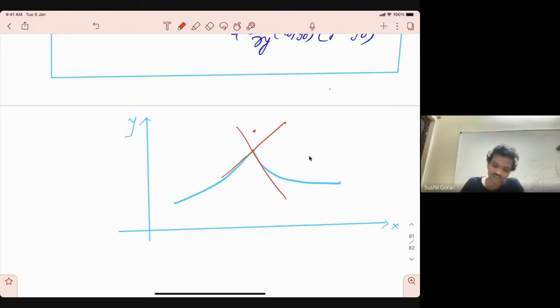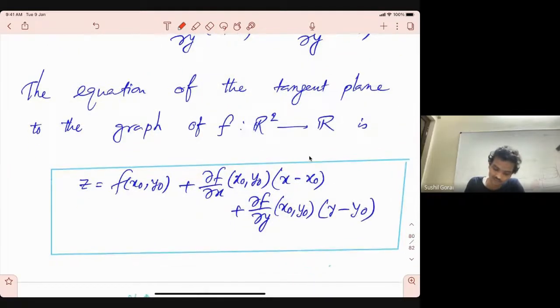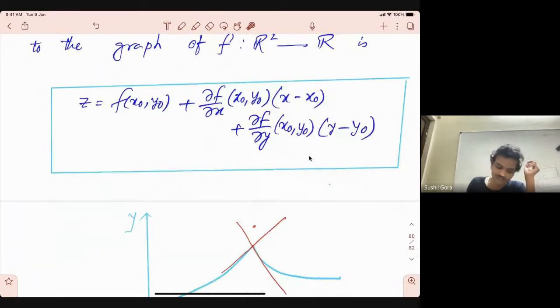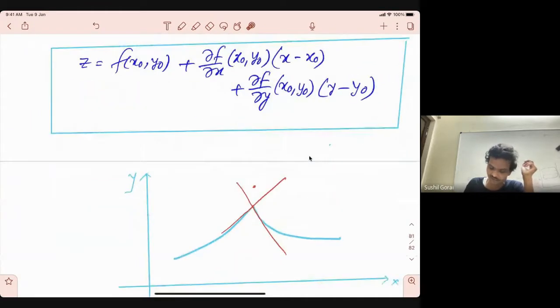Right. So this is actually one plane. When f is differentiable, this plane is actually the tangent plane. If it is not differentiable, then this might represent one such thing, right?